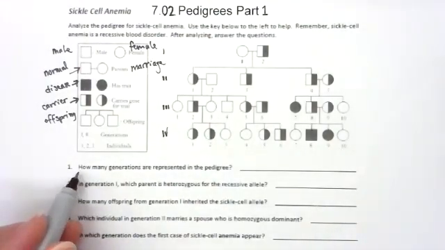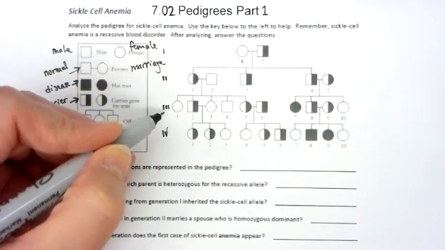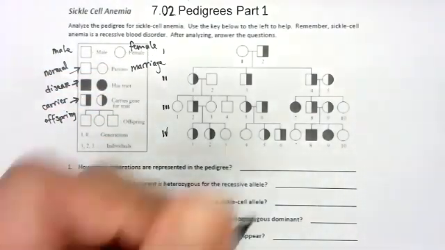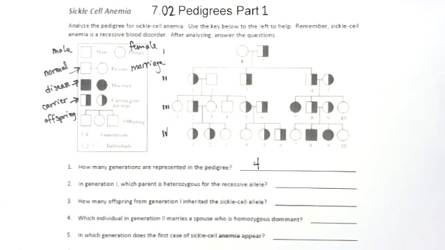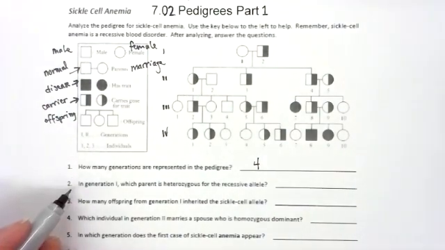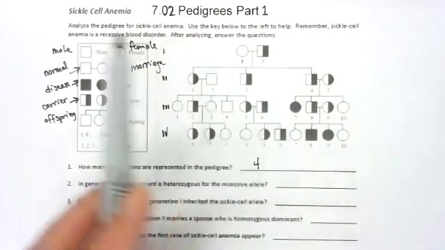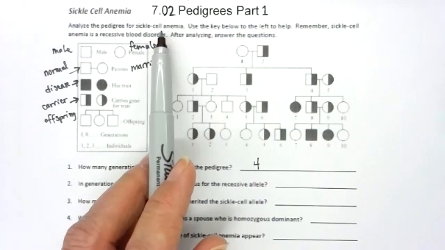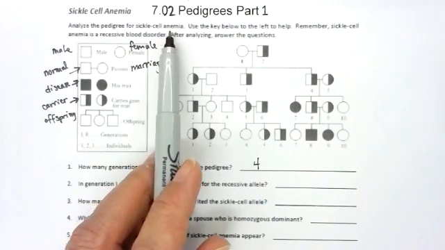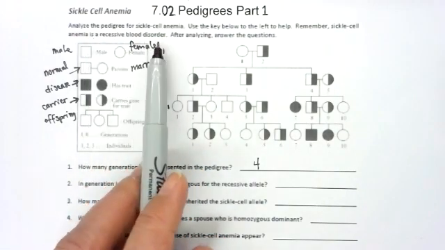Question 1: how many generations are represented in the pedigree? Well, we've got 1, 2, 3, 4. So the answer is 4 generations. In generation 1, which parent is heterozygous for the recessive allele? If we look, this is normal. And we're looking at sickle cell anemia, a recessive blood disorder.